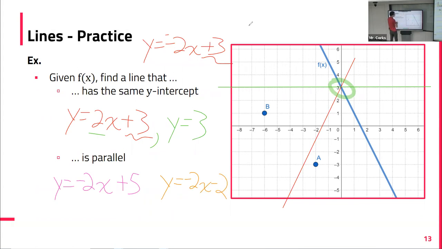So let's draw these. That's -2x minus 2, and our pink one plus 5.